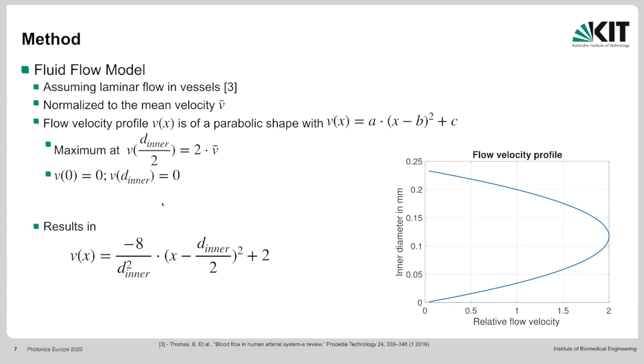Considering those boundary conditions, we end up with this formula, and to the right hand side you can see the relative flow velocity on the x-axis, and on the y-axis the inner diameter in millimeters. This is depicting it for a vessel with an outer diameter of 3 millimeters.